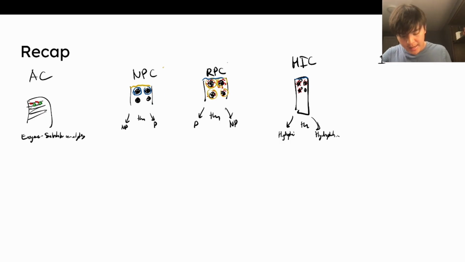Conversely, hydrophilic interaction chromatography is the opposite, right? We had these beads with polar side chains or ligands, and we had also an aqueous mobile phase with a very high concentration of these organic solvents that we used. That's usually acetonitrile, right?